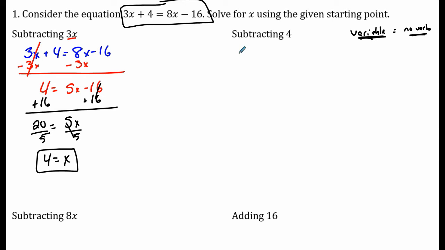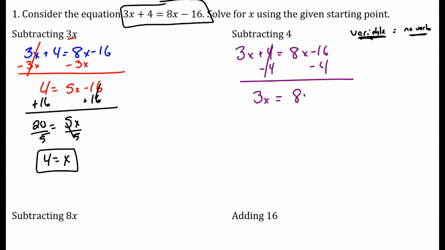Another option is you could have subtracted 4 from both sides. There's lots of legal things to do here. Maybe you said, I don't like this plus 4. I'm going to subtract 4 from both sides. It's a legal start. 3x minus 3x goes to 0, equals 8x minus 20.